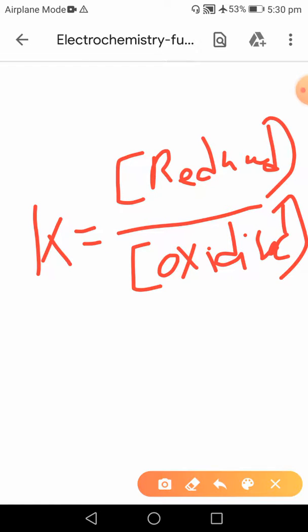Now in some cases, on the right side or the left side of the equation, you might deal with gases or solids. In these cases, take that part as 1.